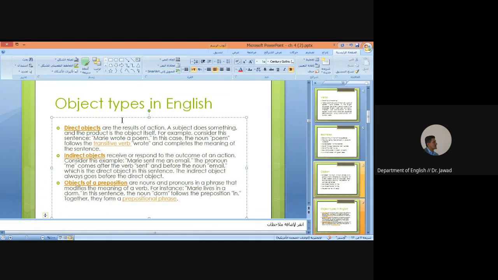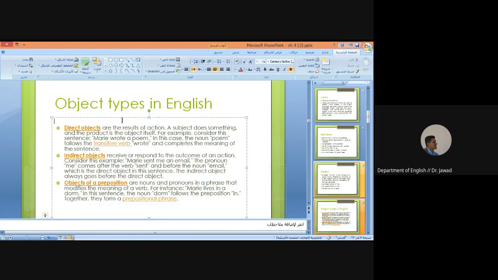Because we have a preposition in, which is followed by a complement, a dome. And a dome modifies the action of living. So the noun dome follows the preposition in. Together, they form what is called a prepositional phrase.